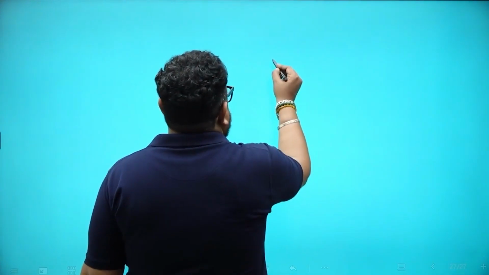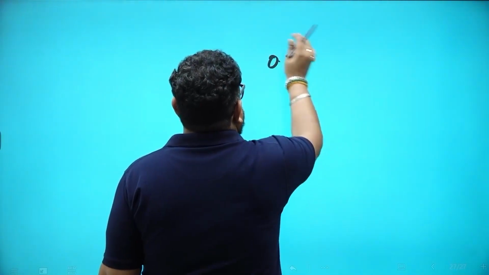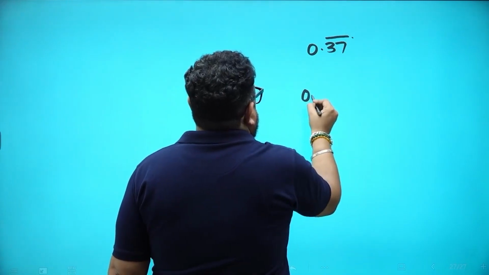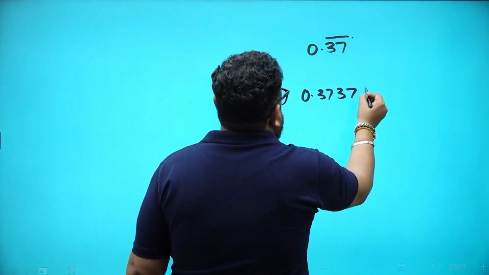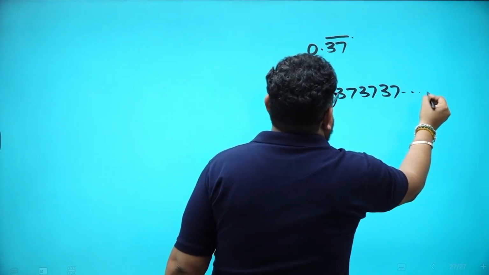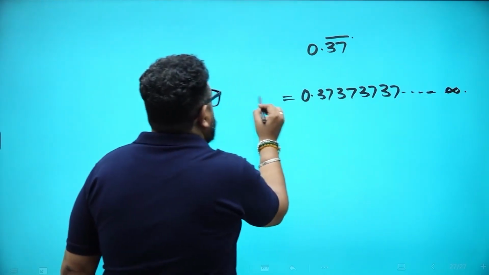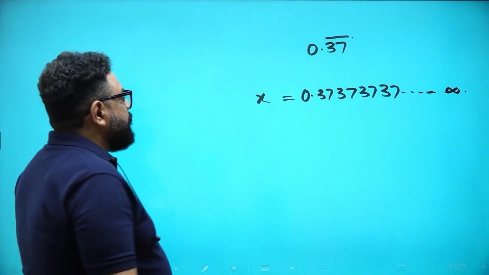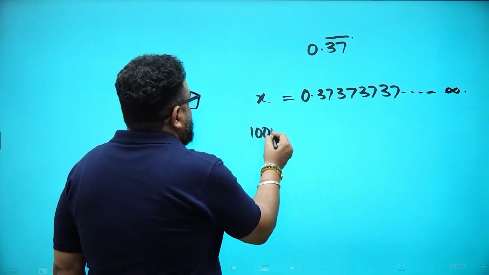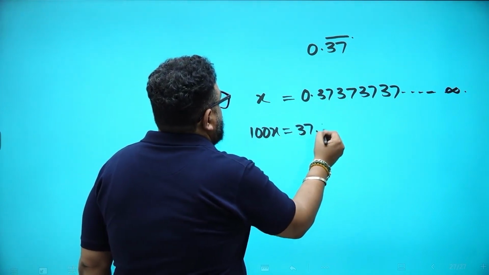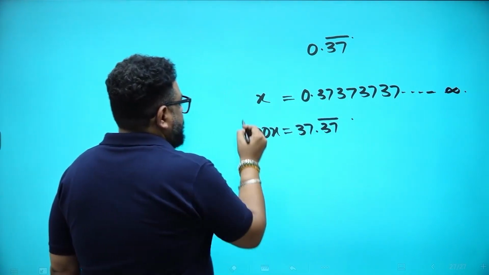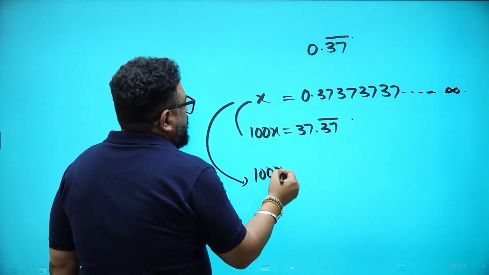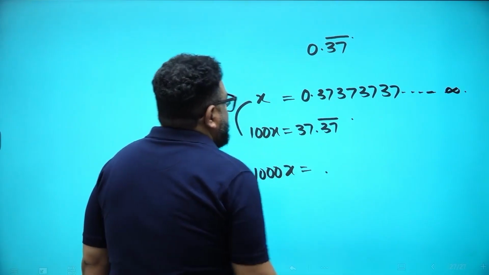For example, we had to do 0.37 bar. So I say it is 0.37, 37, 37, 37 till infinity. Let this be x. Right. If you multiply it by 100, 100 times x is equal to 37.37 bar. If you multiply by 1000, you get 1000x, right?